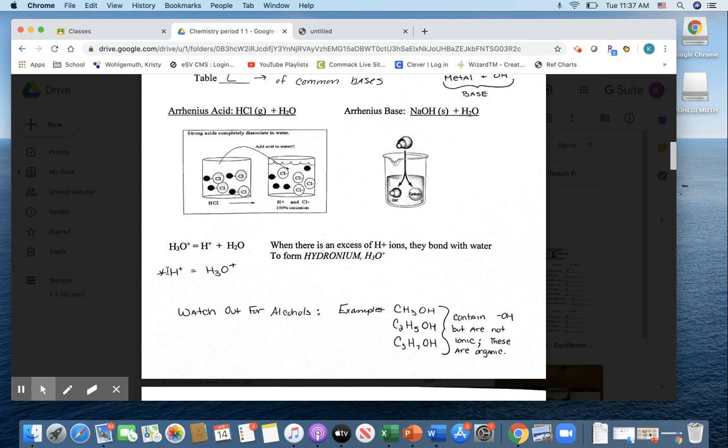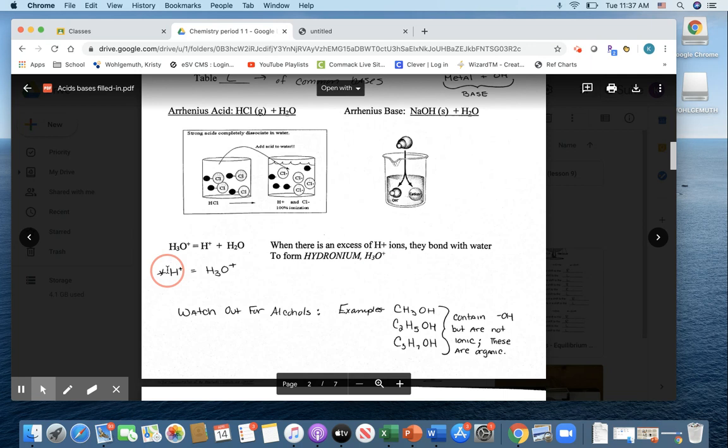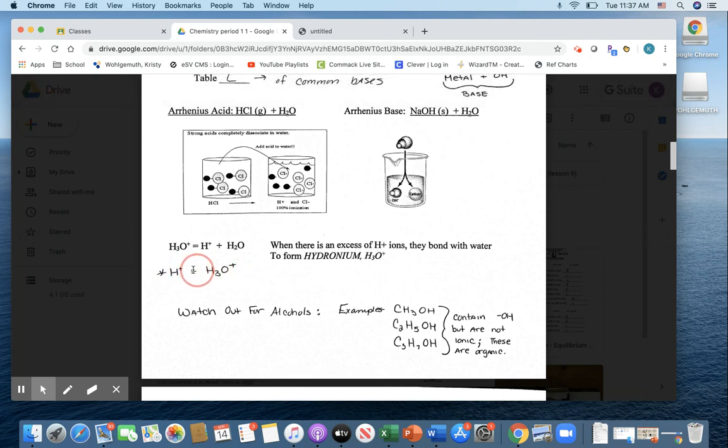But whenever you see that hydronium molecule, that is referring to an excess in hydrogen ions. Okay, so when we start talking about pH and hydrogen concentration, that's when this is going to start popping up. But I wanted to mention that term now, so we start to kind of get used to hearing that.